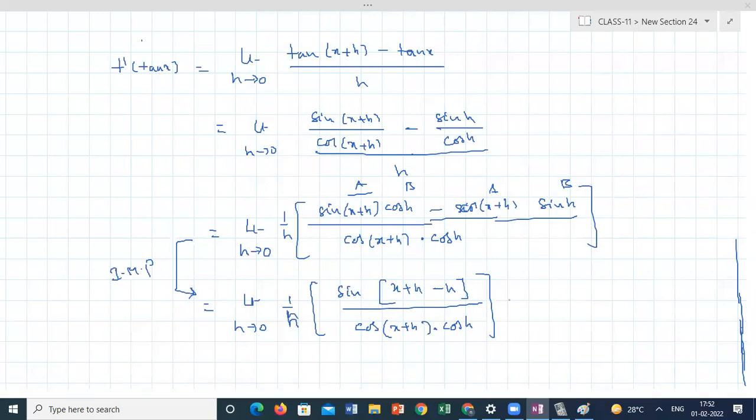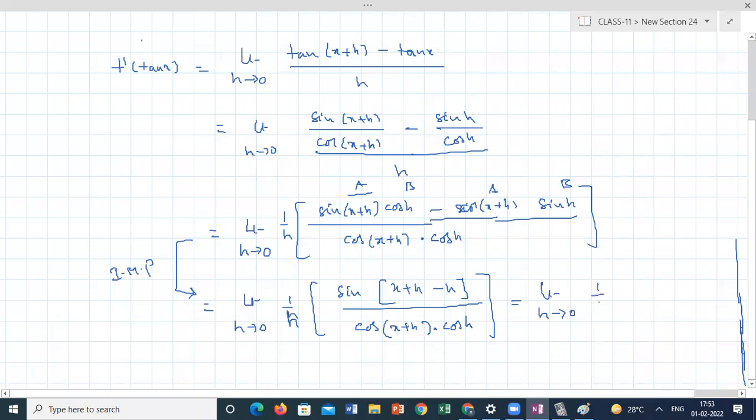If I'm applying the limit, what will happen? So you can cancel the h and then it would become sin x upon cos x. But I'm getting the same x plus h thing now. Limit h tends to 0.